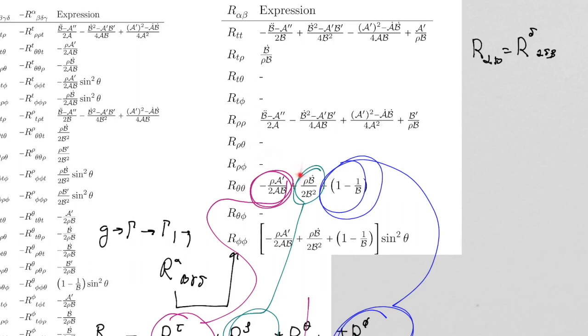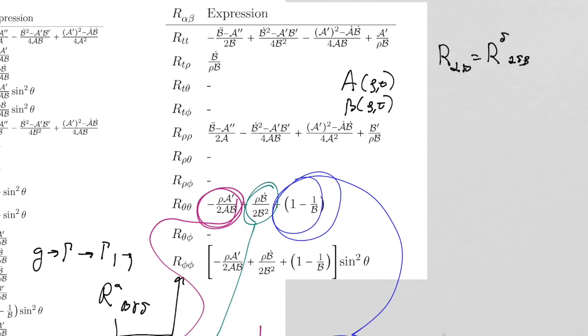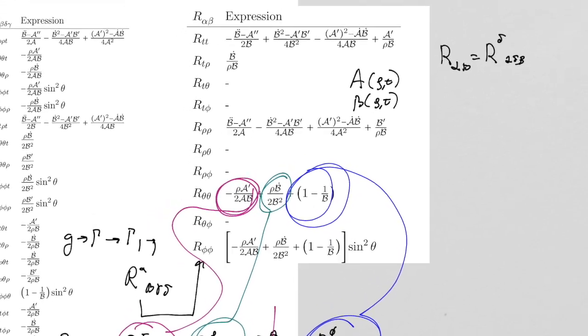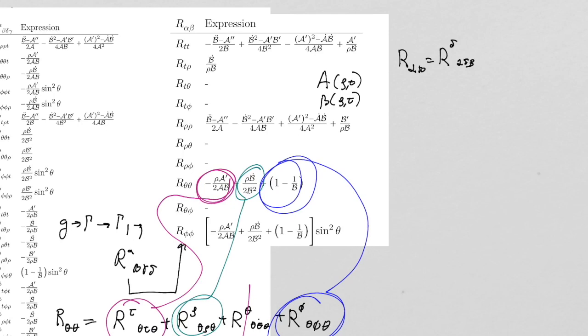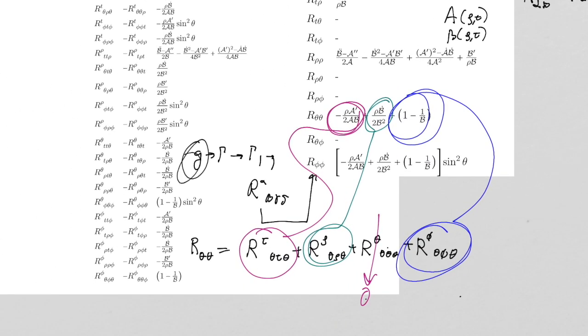The important point, of course, is they're still in terms of the unknown functions A and B. And as a reminder, A is a function of rho and time, and B is a function of rho and time. So now I think we're at the end. We finally climbed this mountain, right? The mountain started here at the metric, and it ends right here.